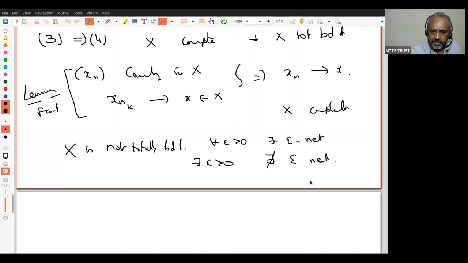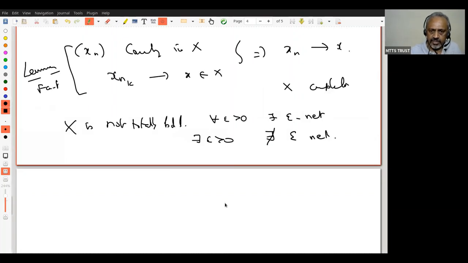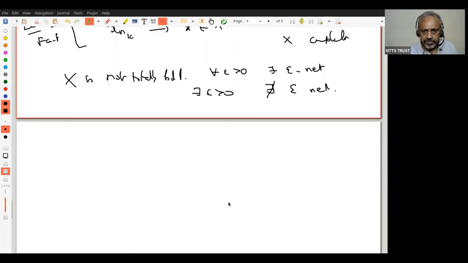You understand that? Okay. Keep that in mind because this logic is something which you have to be careful about. So let's start with x1. So we are assuming X is not totally bounded, therefore there exists some epsilon positive so that there exists no epsilon net. You understood? Now choose x1 in X to be arbitrary.